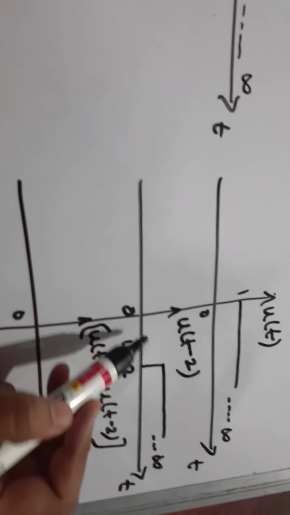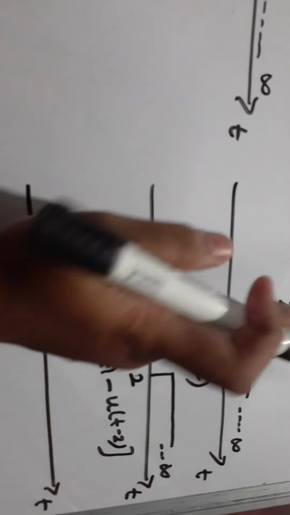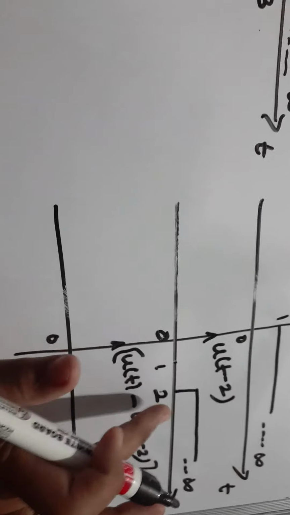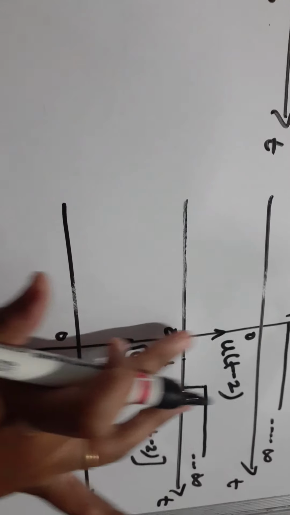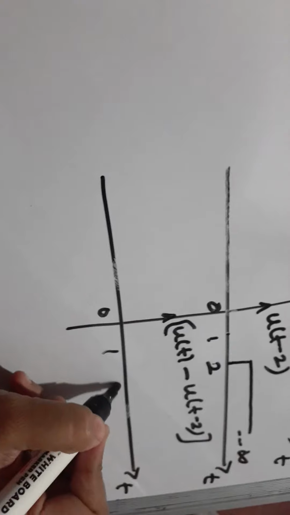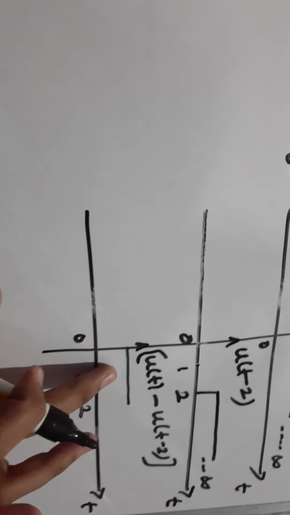If you subtract these two signals, just observe the amplitudes. Between 0 to 2, no doubt we don't have any amplitudes at the left side. One amplitude is starting from 0, one is starting from 2. So between 0 to 2, 1 minus 0 will become 1.